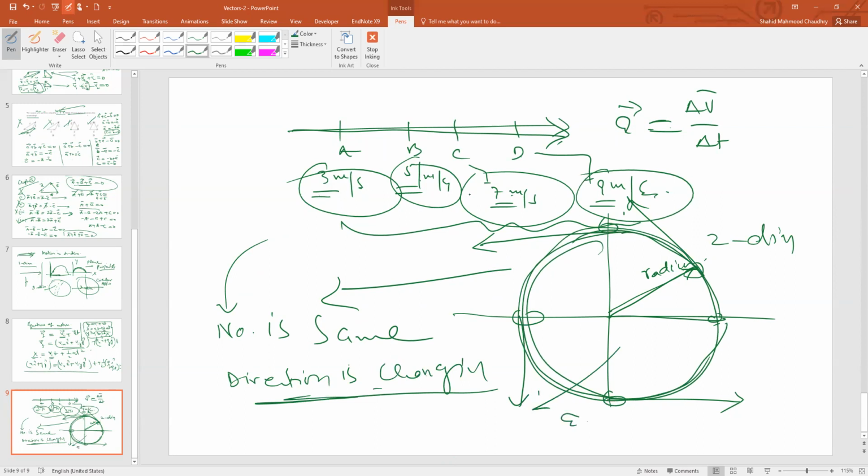In the one-dimensional case, due to the change in number there is an acceleration, but the direction is the same. This is the difference between one-dimensional and two-dimensional. So we will study this chapter with good energy after this week.